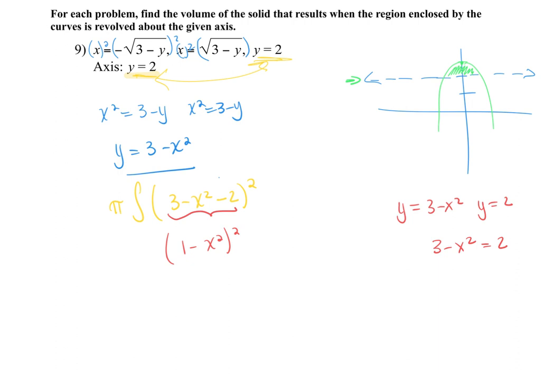Subtract 3, divide by negative 1. X squared equals 1. The square root gives positive and negative 1, okay? So technically I have an outer and an inner, but I am subtracting before I square because I don't have a gap in this one. If you have a gap, you take your two functions and square them individually. If you don't have a gap, you put them together and square them together.